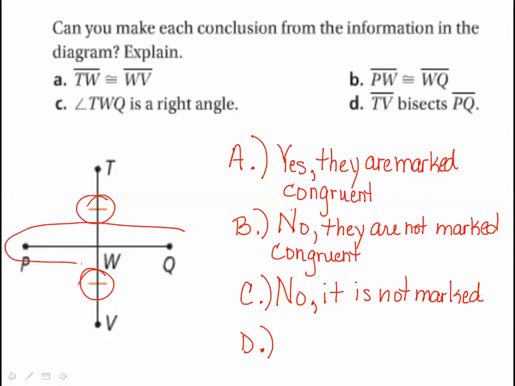This segment is not marked as being divided into two equal pieces. So again, I have to say no. And the reason is I do not know that PW is congruent to WQ. So PW is not marked congruent to WQ.